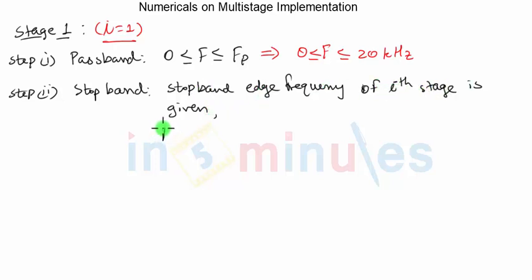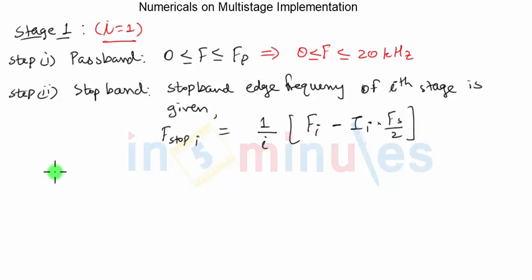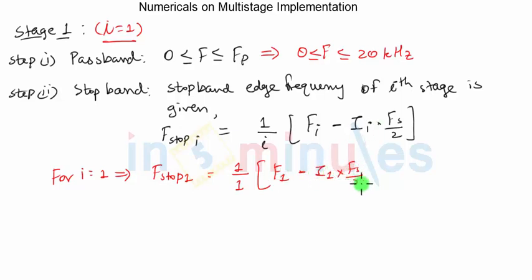For the ith stage, it is given as f stop suffix i equal to 1 upon I into Fi minus Ii into Fs by 2. So this is the formula that we use. In this stage, I is equal to 1, so wherever there is I, we replace it with 1. So 1 upon 1 into Fi becomes F1 minus I1 into Fs by 2.